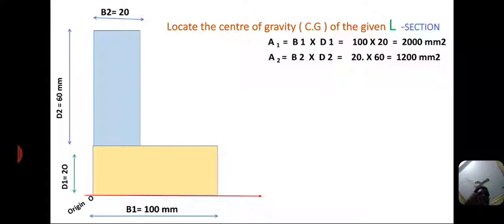Now I am considering the reference axis. The centroid of a body is calculated with an assumed reference. There is no set rule for selection of axis of reference, but in general practice the axis reference is the bottommost line of the figure for calculating the y bar, and the left edge line of the figure for calculating the x bar.